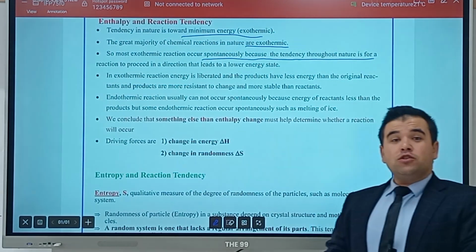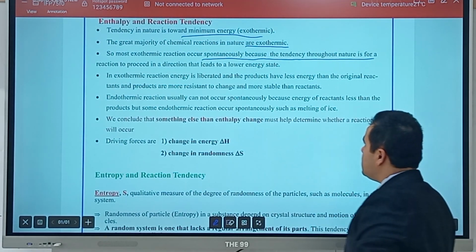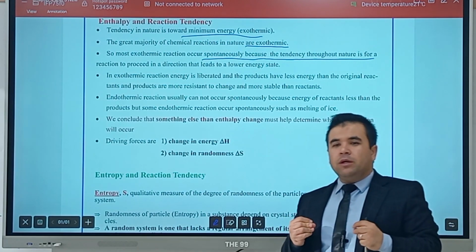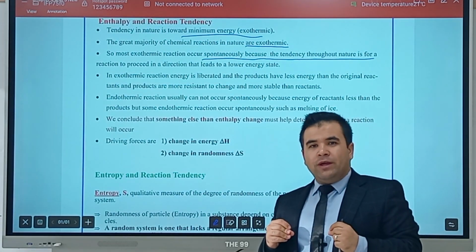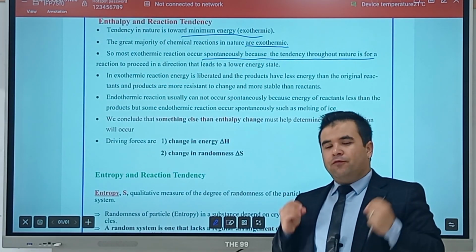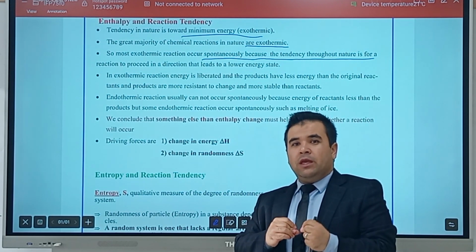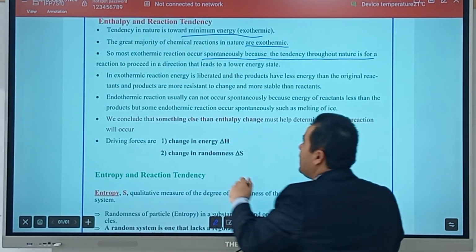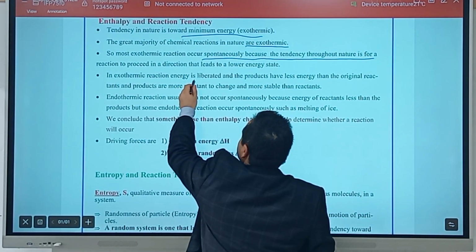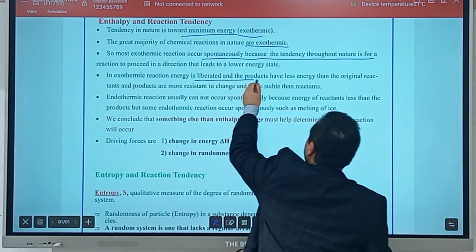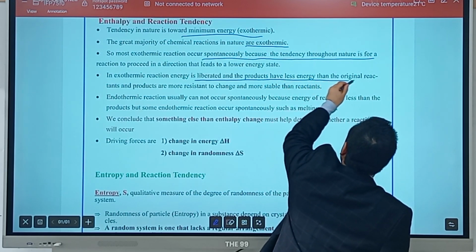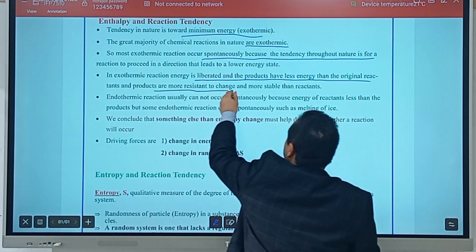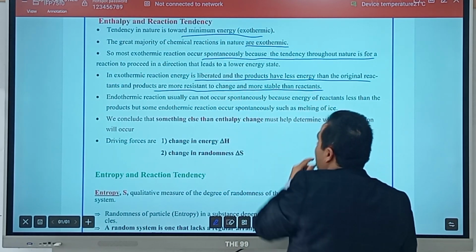By spontaneous, we mean occurring without exerting any external force on the reaction and the system to proceed. In an exothermic reaction, energy is liberated and the products have less energy than the original reactants, and products are more resistant to change and more stable than reactants.